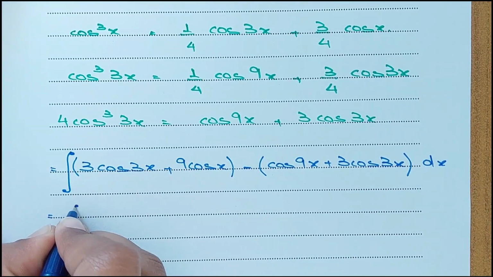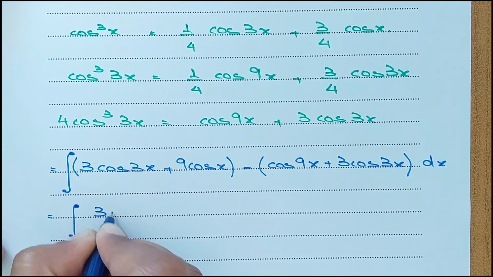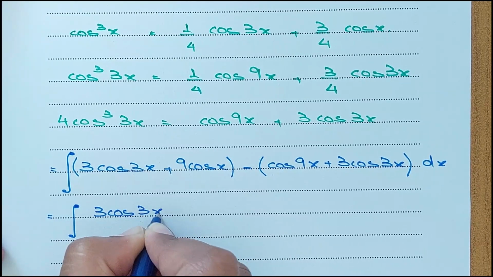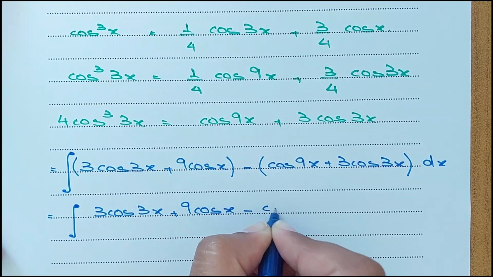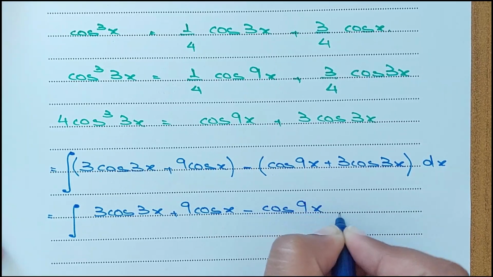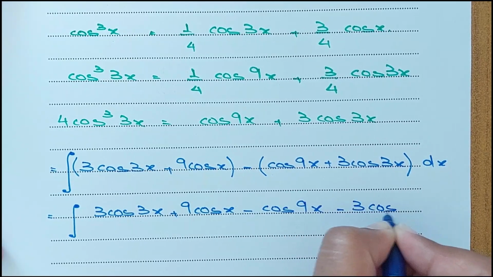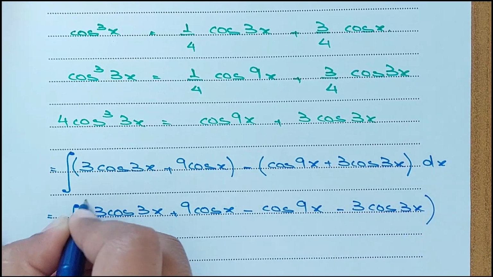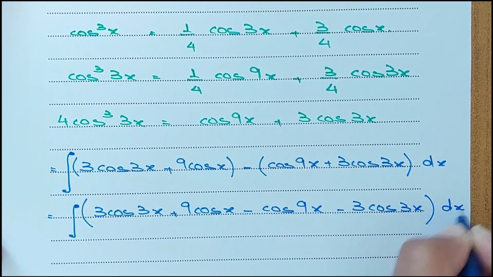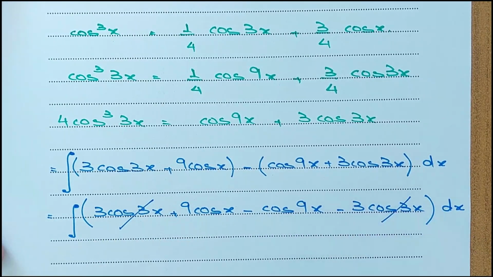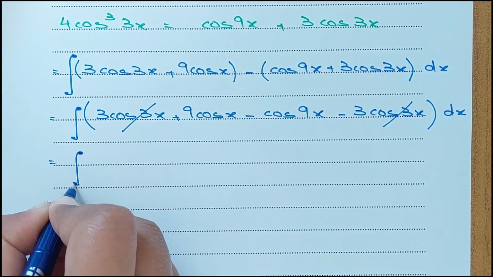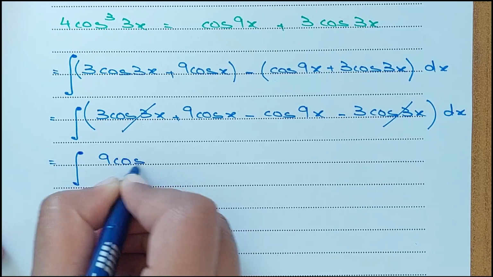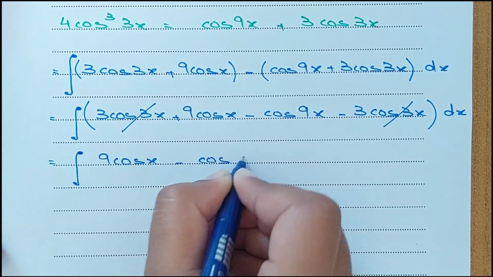So 3 cos 3x plus 9 cos x minus cos 9x minus 3 cos 3x, dx. 3 cos 3x positive and negative is cancelled. We are left with 9 cos x minus cos 9x.